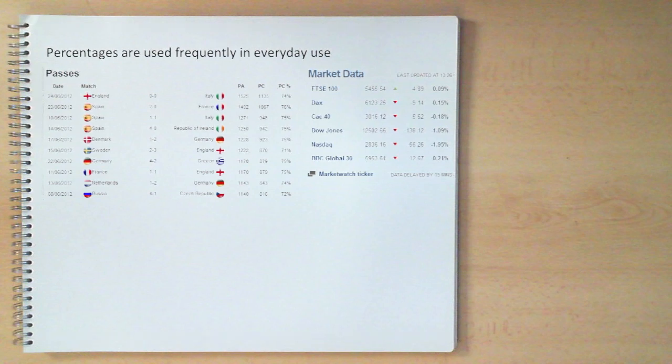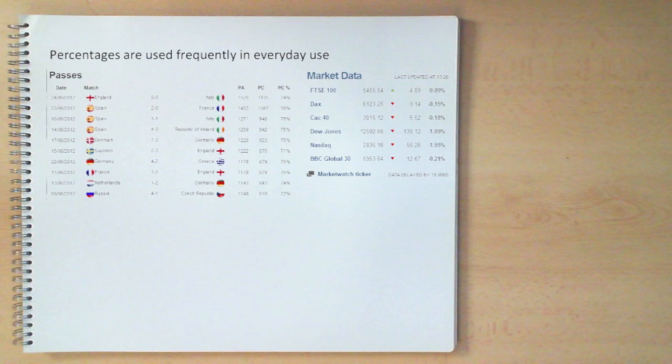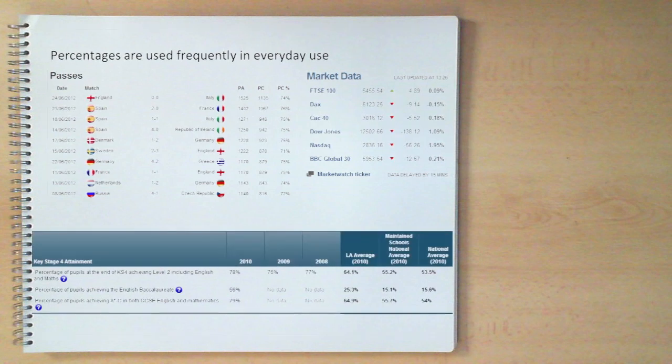And in schools we see it as well, where the attainment and achievement of students is published in terms of percentages passing exams and percentages getting 5 or more A star to C in their exams. These are 3 very different ways of using percentages. So you can see how useful they are because of the multitude of uses that they're put to.